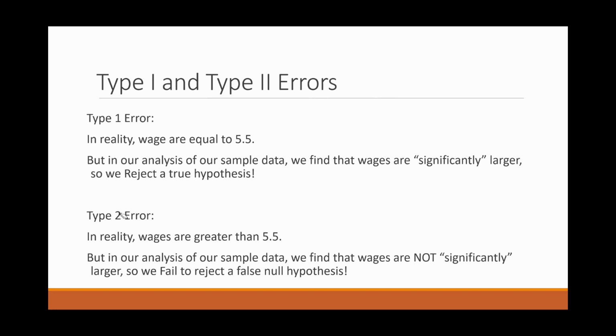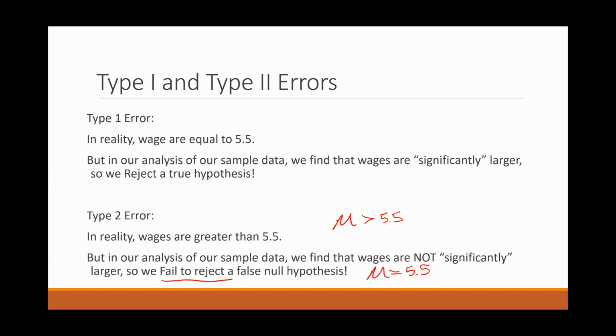Type 2 error is, imagine in reality wages are actually greater than 5.5. But in our analysis, we find that wages are not significantly larger, so we fail to reject. That means that in reality, mu is larger than 5.5, but we don't reject the null, which means we're effectively concluding that the null is true.